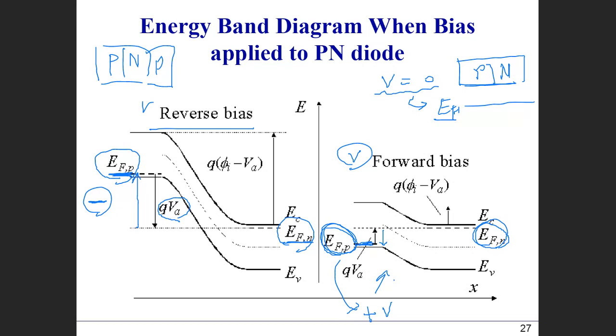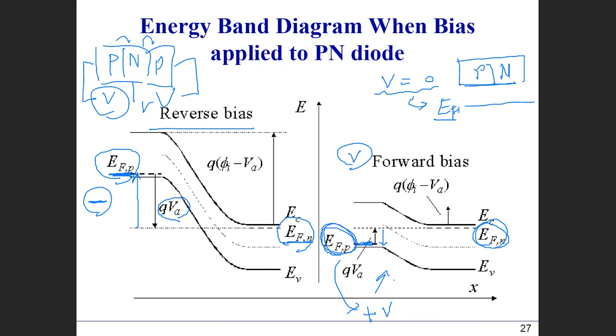When we create this kind of transistor, you can apply different bias between this junction and this junction. Okay. So often when you look at the operation of, for example, this transistor, we're going to go back to look at the energy band diagram.